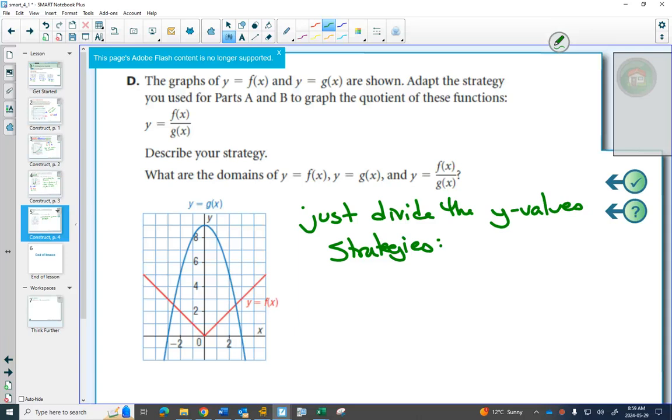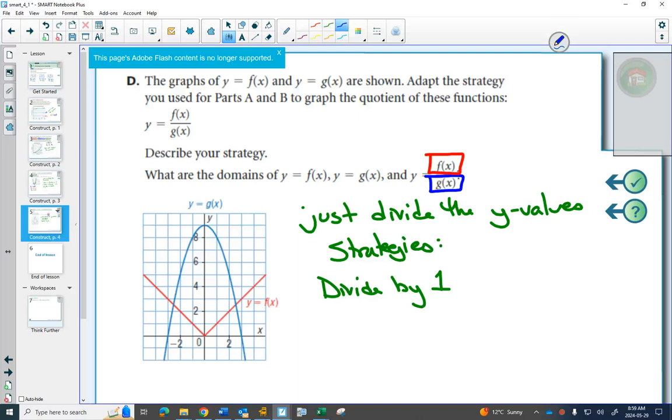What are things that are easy to divide or easy to divide by? Divide by 1. In this case, I'm going to color code here. The blue one is on the bottom. f of x is the red graph, it's on the top. So if we're dividing by 1, that would be where the blue graph is 1.